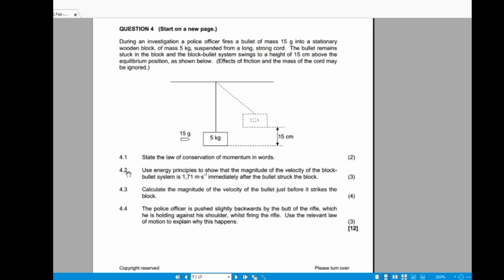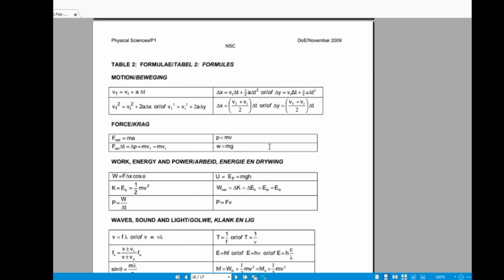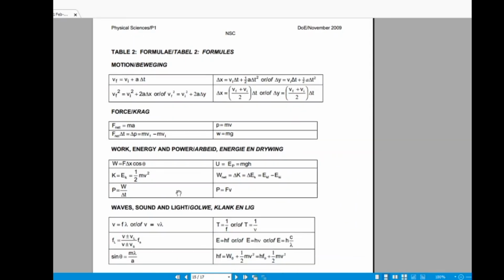you would know that the kinetic energy and potential energy are sort of related, right? And then in our formula sheet, right at the end, you would see energy principles. They have their own set of equations, right? So there, this is the formula for kinetic energy, 1 over 2 mv squared, and this is the formula for the gravitational potential energy.